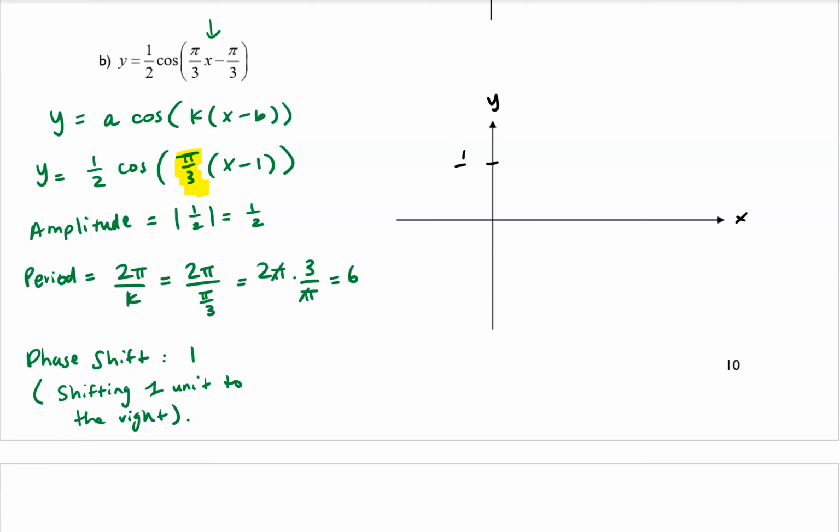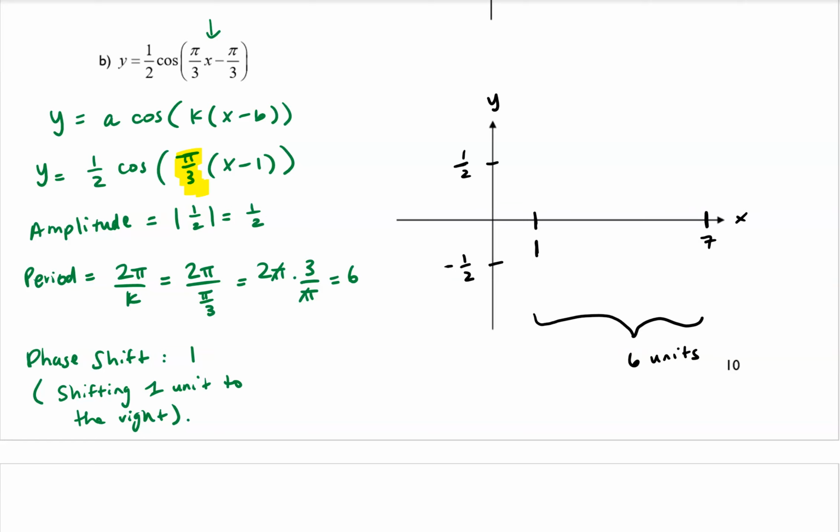I know that my maximum value is going to be 1/2 and my minimum value is going to be -1/2. And I know that we are shifting to the right 1 unit. So this is 1, and I know that my period is 6. So that means that the distance from here to here, whatever this endpoint is, has to be 6 units. And if that distance is 6 units, then this x value here would have to be 7.